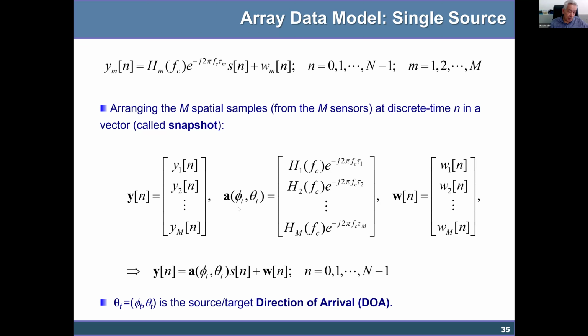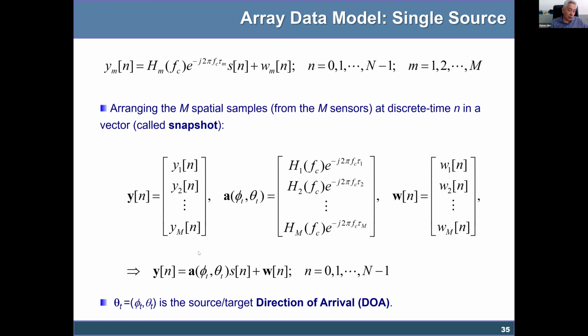So I make this explicit by saying that A is a function of phi t, the elevation, and theta t, the azimuth of the target. So y bold is equal to A bold that multiplies the complex scalar S of n, plus noise. Obviously, the noise is additive.